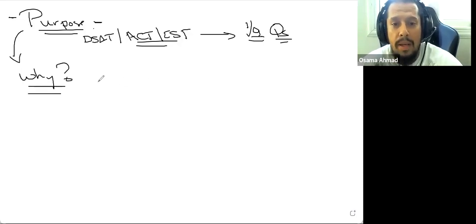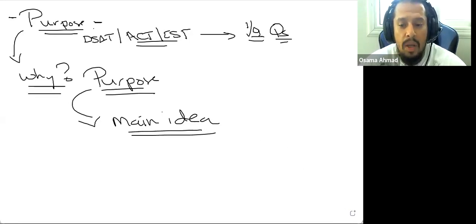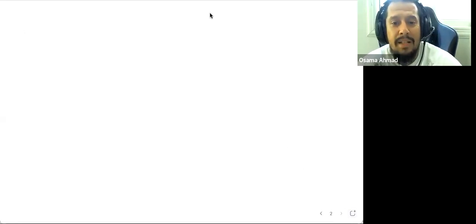When an author writes a piece of material, a paragraph, a piece of research, every sentence and every word has a purpose. And usually this purpose is connected to the main idea of the text. So purpose questions in science, so these are for the nonfiction based questions, right?